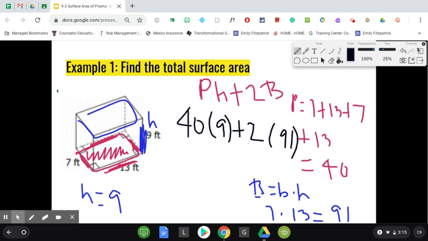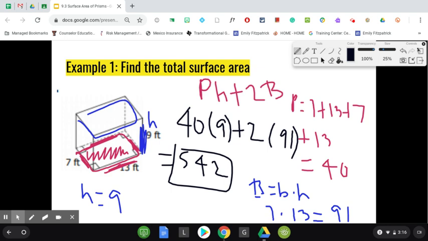So I'm going to type that into my calculator, and that should give me the surface area. 40 times 9 plus 2 times 91. I get 542. So that is our surface area of a prism.